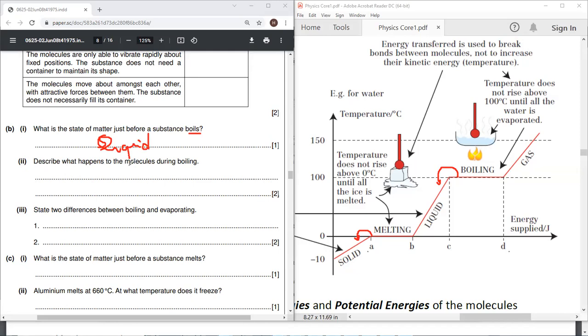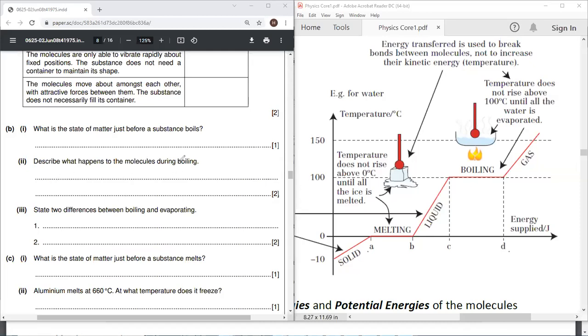Then describe what happens to the molecules during boiling. During boiling, all the particles are gaining heat, so that they can overcome the intermolecular force, or the bonds between them, and the state can change from liquid to a gas.